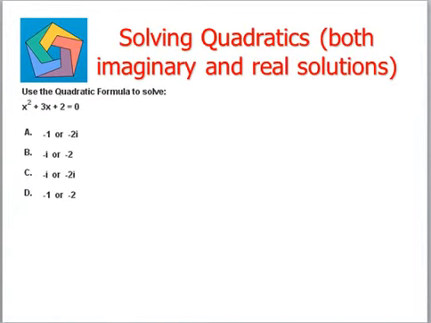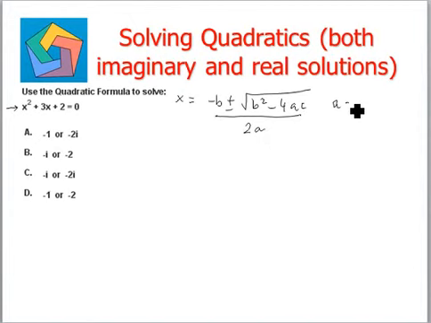Use the quadratic formula to solve x squared plus 3x plus 2. So our quadratic formula now is easy to remember, negative b plus minus the square root of b squared minus 4ac divided by 2a, where a equals 1, b equals 3, c equals 2.